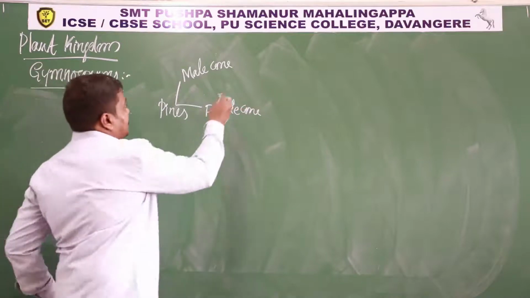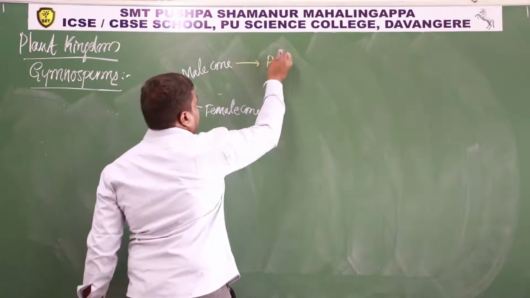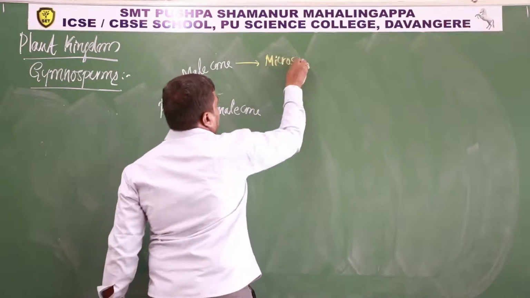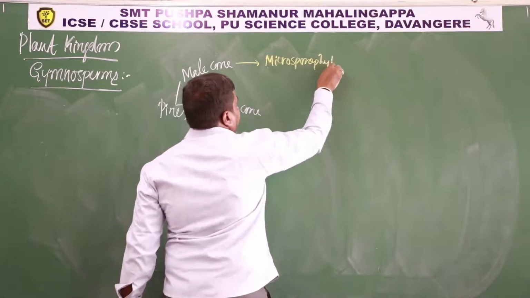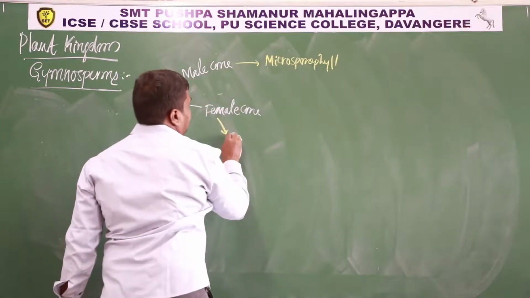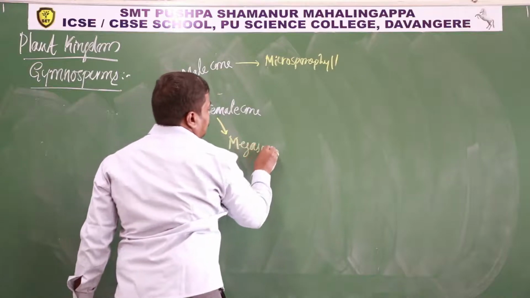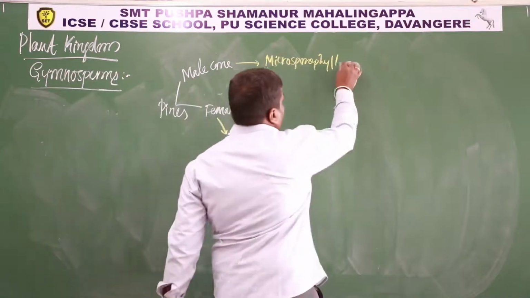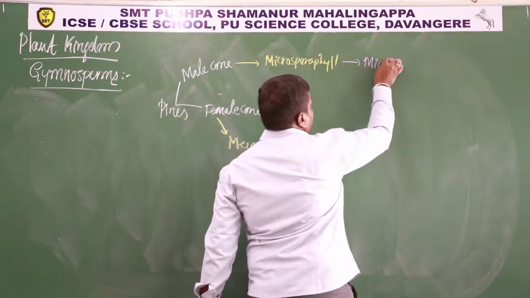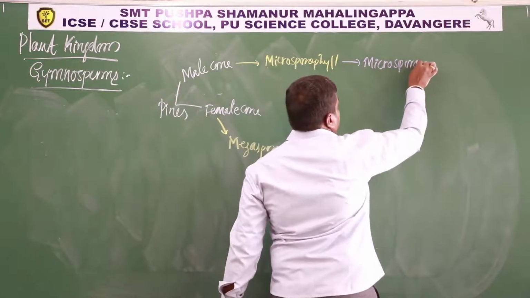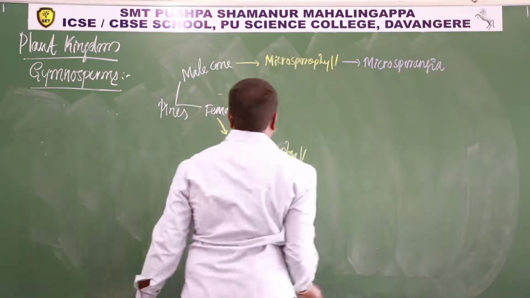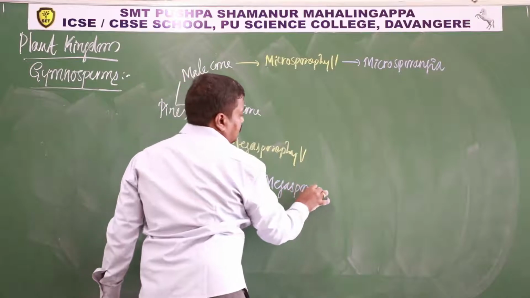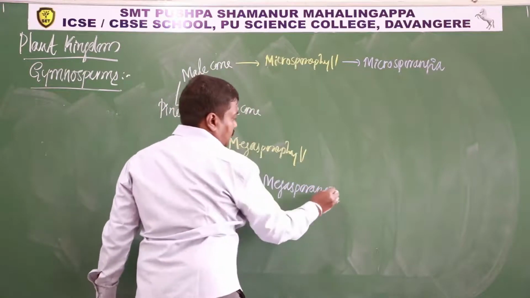The male cone consists of microsporophylls and the female cone consists of megasporophylls. The microsporophyll consists of microsporangia. Similarly, the megasporophyll consists of megasporangia.